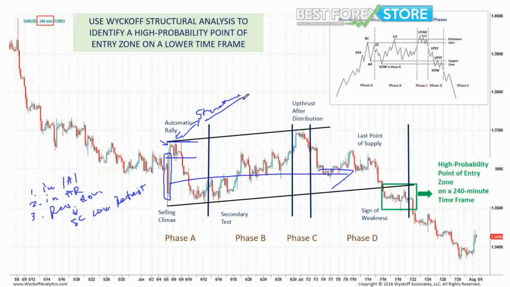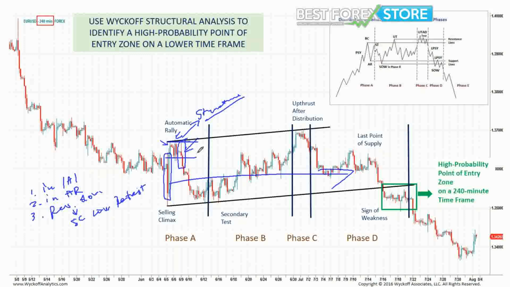So we would be looking into the structure here on a much smaller time frame, let's say 1 hour, 30 minutes, 15 minutes. And we would be looking for the phase analysis and the structure to be in phase C and D, and probably somewhere here in this area on a smaller time frame we would find a point of entry.